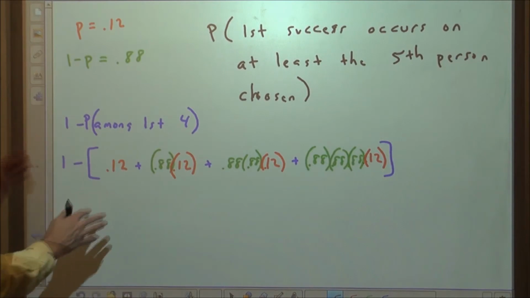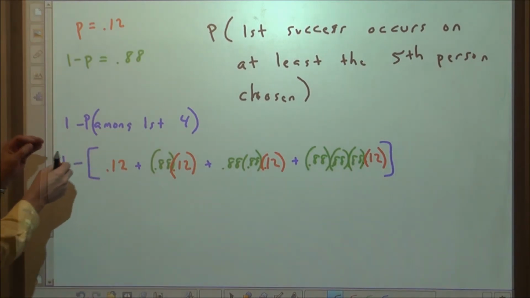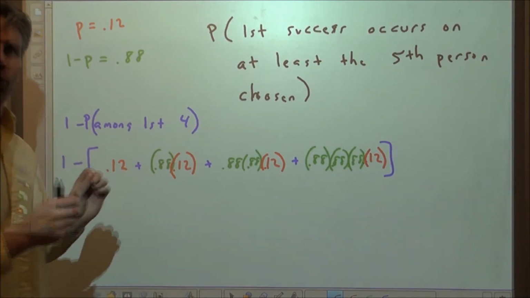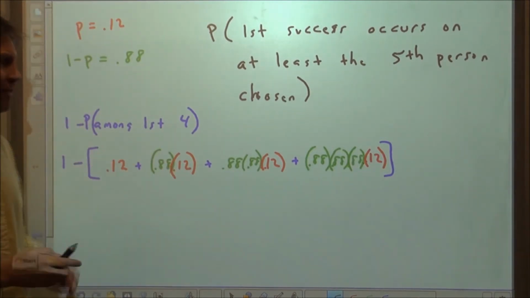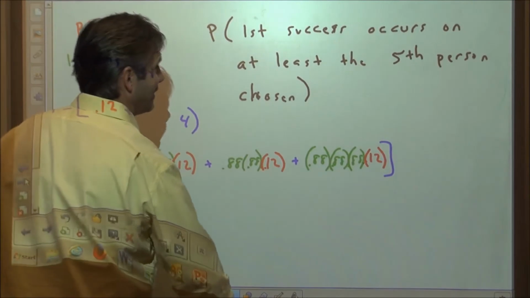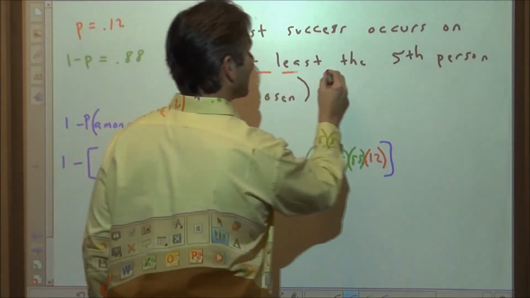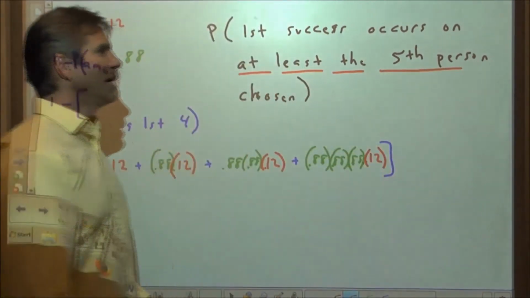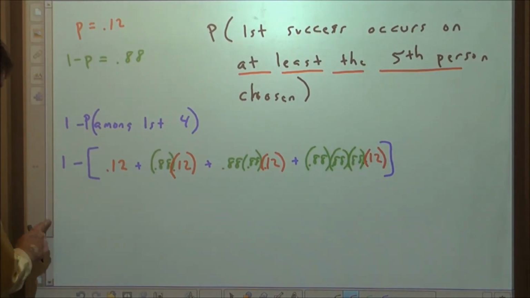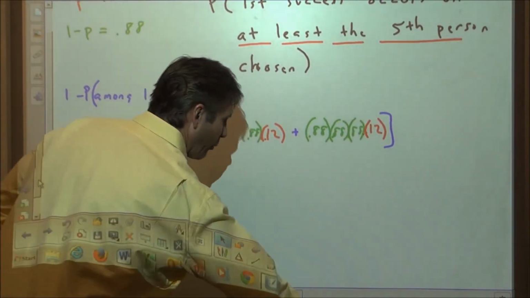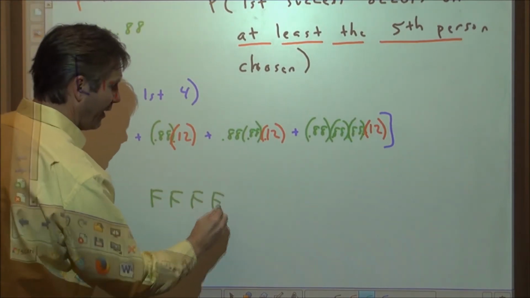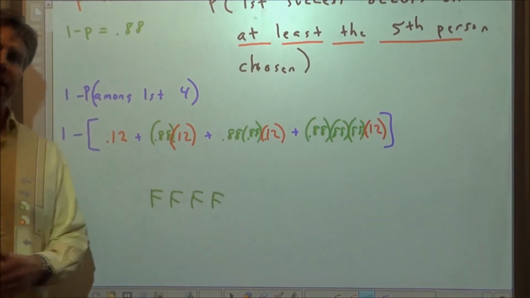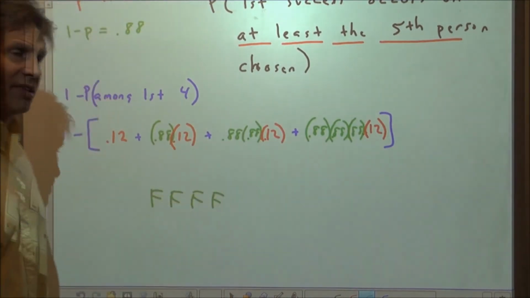Now I'd rather push you a little bit. I'd rather you did something that's a little quicker and more elegant in a mathematical approach, and that would be this. What guarantees that it would take until at least the fifth trial to get your first success is starting out with 4 failures. If you start out with 4 failures, then you're guaranteeing that you have yet to see your first success.